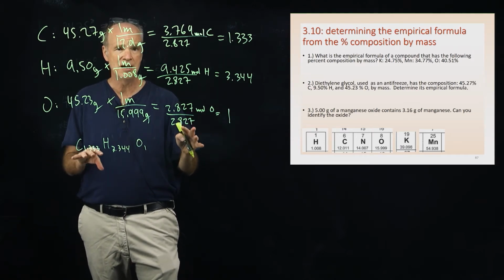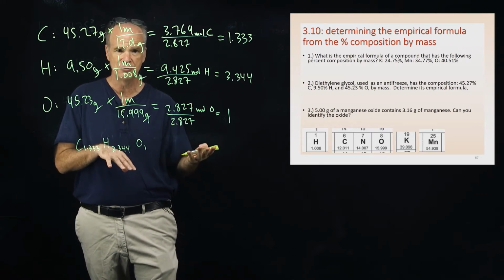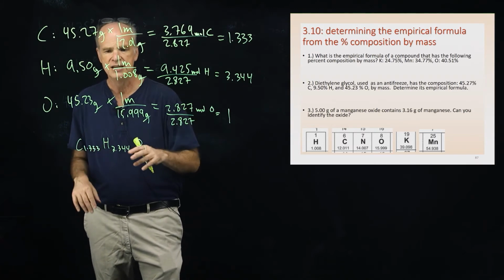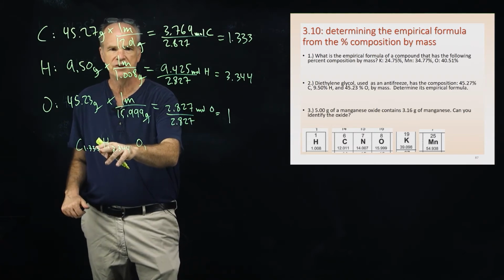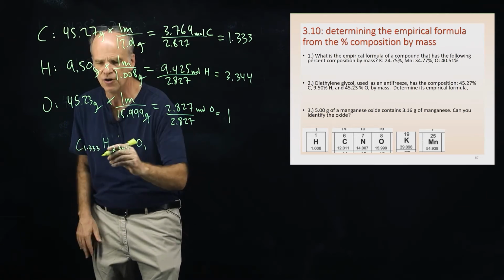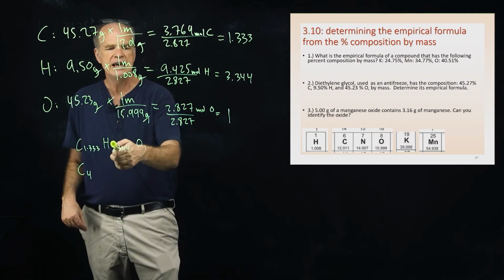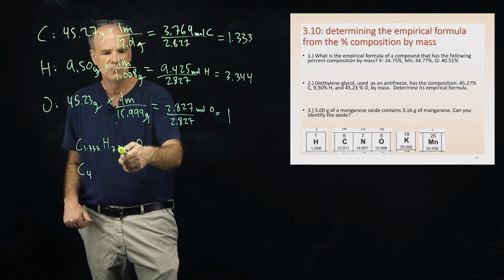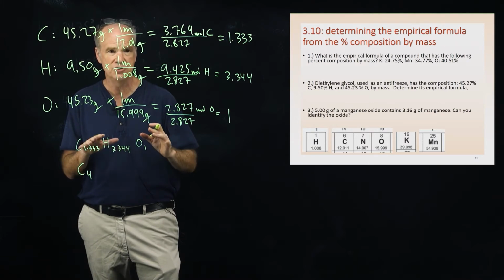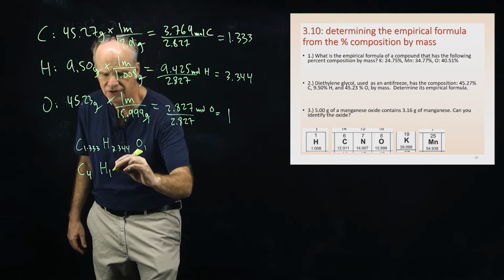So multiplying by 2 is not good enough to bring this to a suitable empirical formula represented by integral values. Let's try multiplying by 3. If you take 1.333, I already did this on my calculator, that's very near 4. So carbon is 4. If you take H 3.344 and multiply it by 3, hydrogen ends up being around 10.